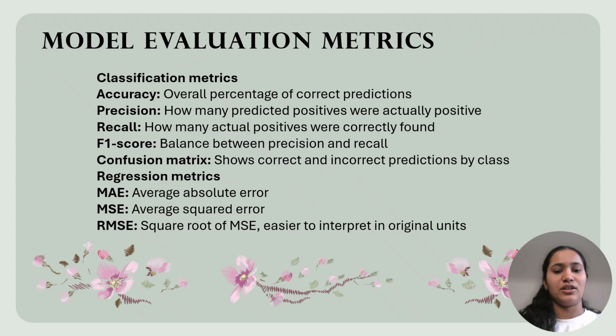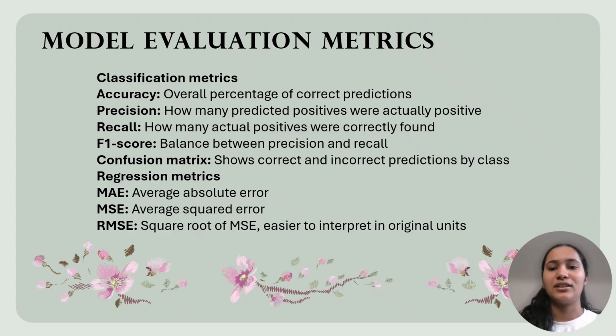Then is the model evaluation metrics. Model evaluation helps determine whether a model is useful. For classification, accuracy gives the overall correctness, but it can be misleading when the data is imbalanced. Precision tells us how many predicted positives were correct.